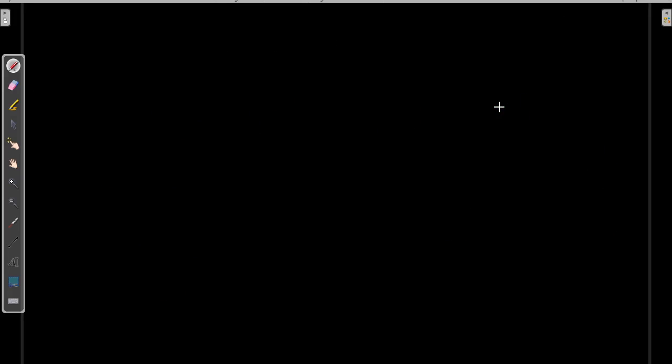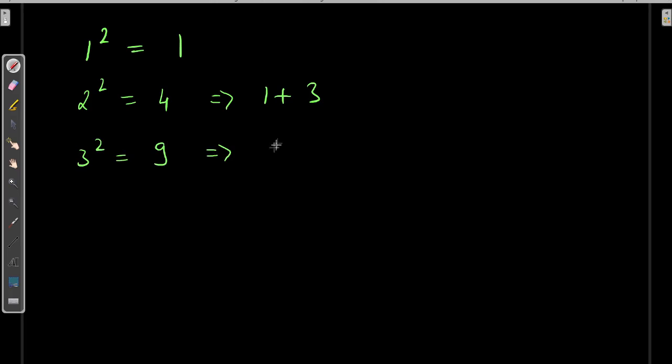Now come to another property of square numbers. If I take 1 square, that is 1, and if I take 2 square, that is equal to 4, which can also be written as 1 plus 3. And if I take 3 square, that is 9, which can be written as 1 plus 3 plus 5. And 4 square is 16, which is equal to 1 plus 3 plus 5 plus 7.